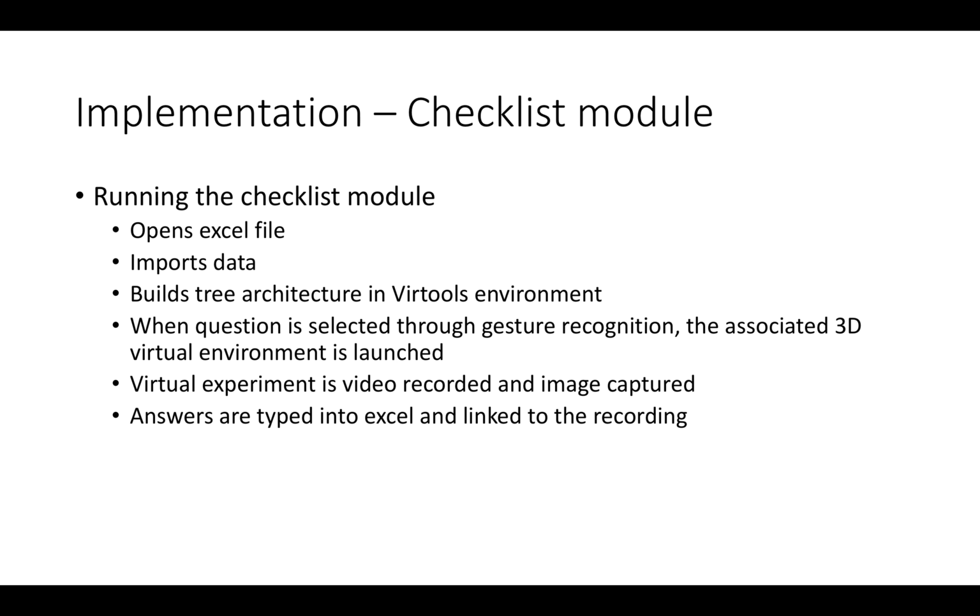Then different levels of the tree are displayed as interactive menus. And when a question is selected, the associated 3D virtual environment is launched. During the virtual experiment, the operator can start video or snapshot recording. When a question has been checked, an answer is stored in the Excel sheet and it's linked dynamically to the multimedia data related to the virtual experiment.